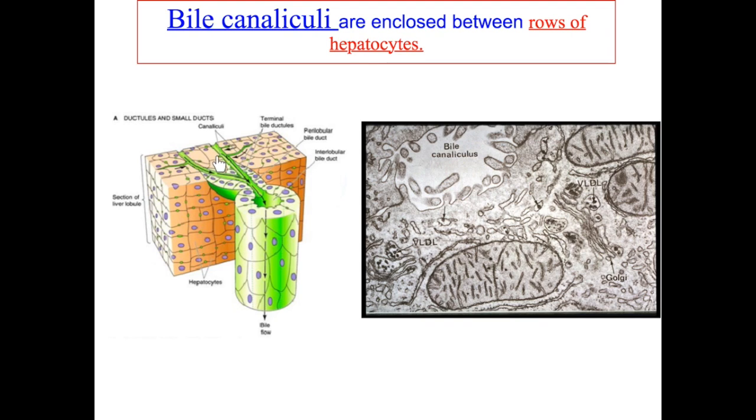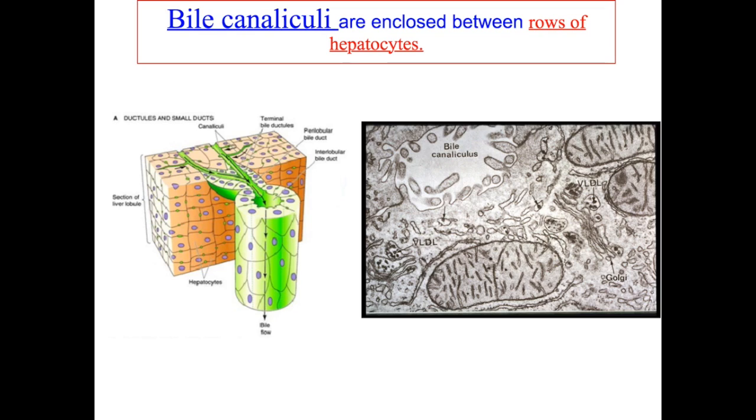So we have bile canaliculus enclosed between the rows of the liver cells, and then canal of Herring at the periphery of the hepatic lobule, and they will collect together to form the bile duct present in the portal canal or portal tract, lined also by simple cuboidal epithelium. And this one will collect from each portal tract to form right and left hepatic ducts.